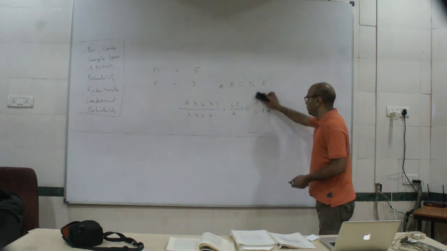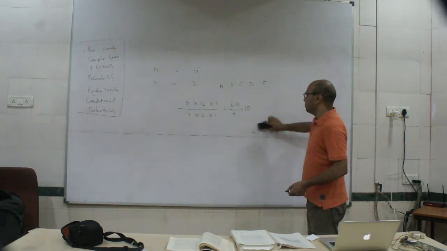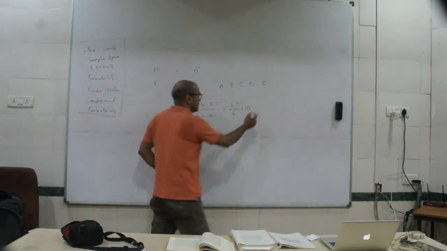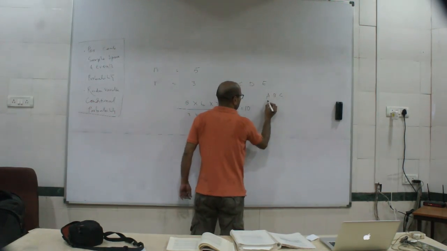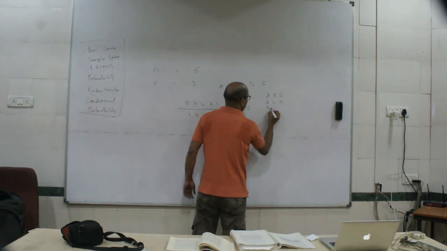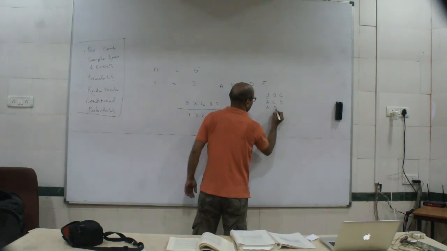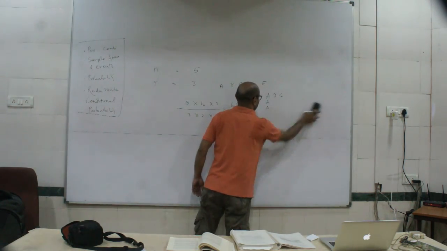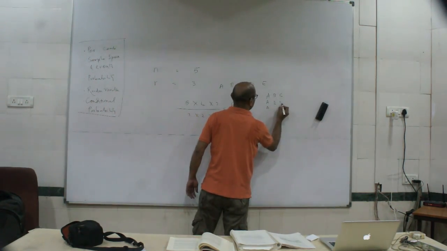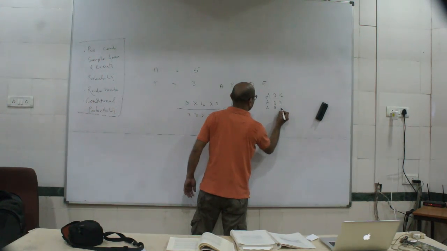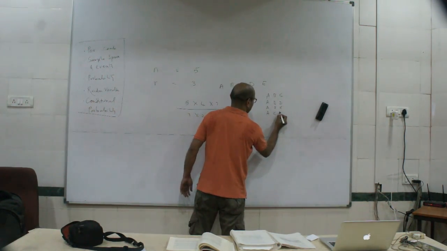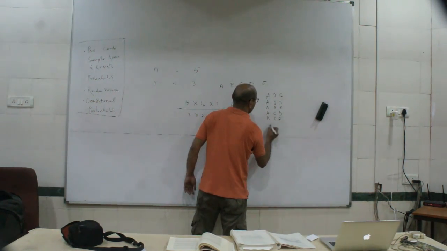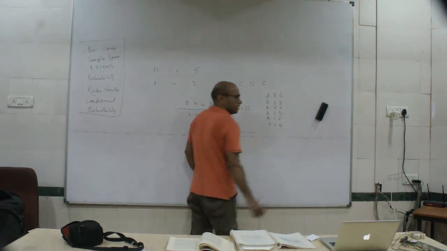So there are 10 possible ways I can select 3 people from 5 people. I select A, B, C, A, C, D, A, B, D, A, B, E, then A, C, D, A, C, E, and A, D, E. Done.